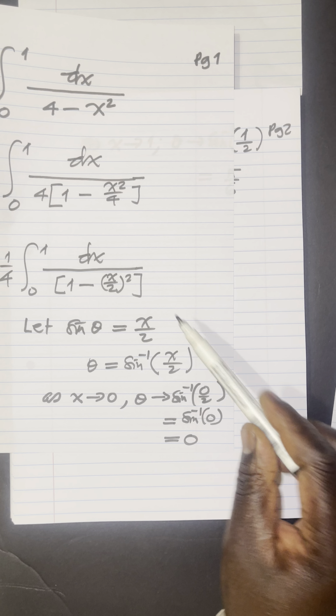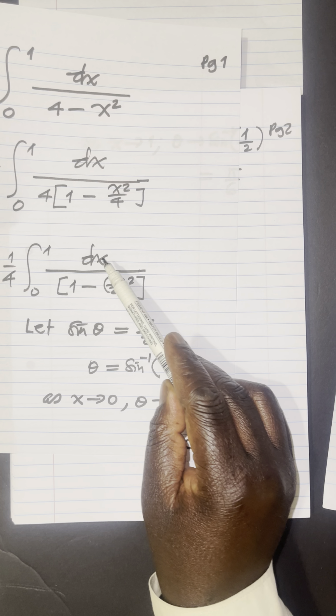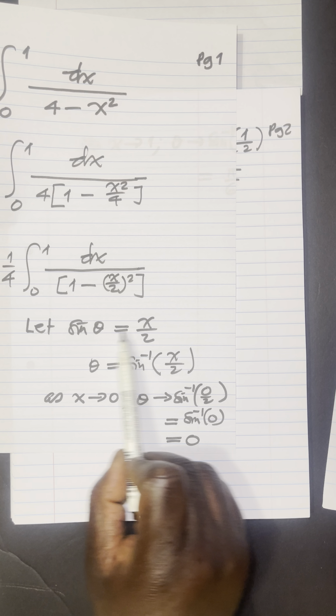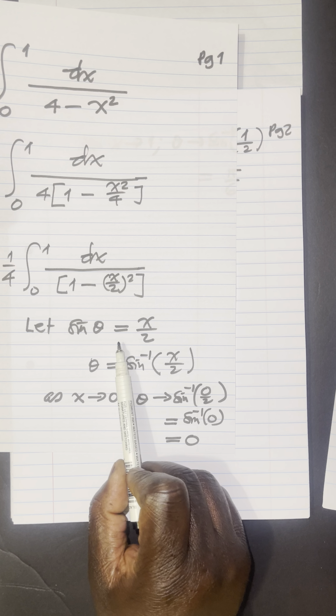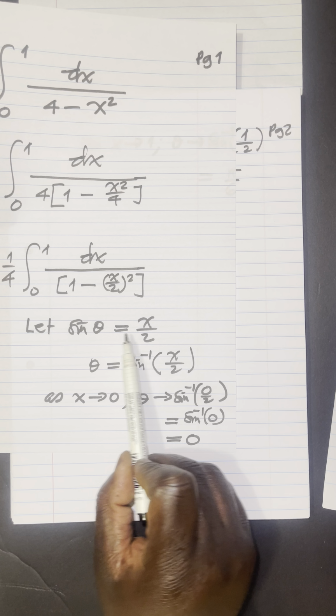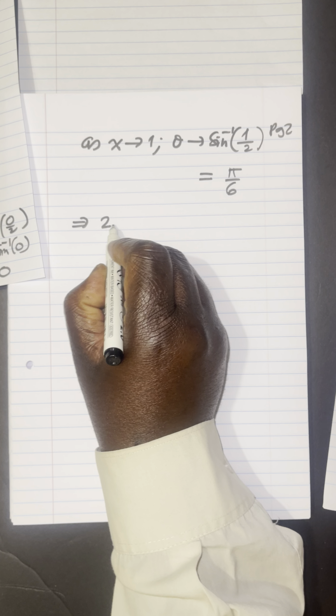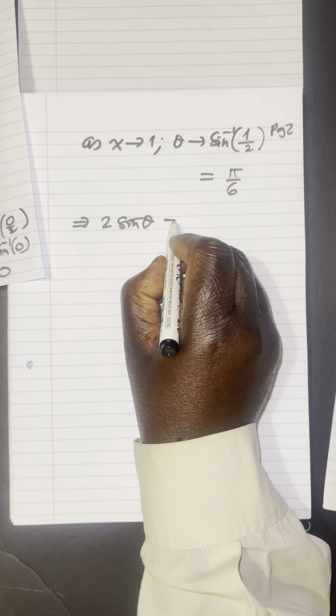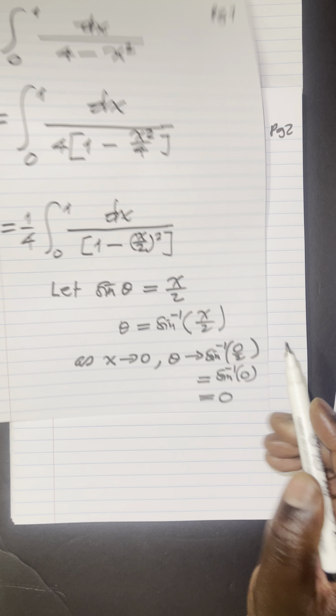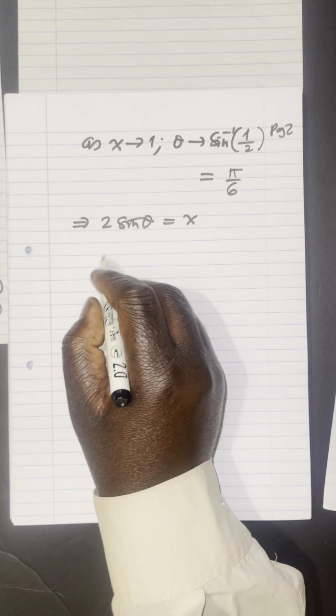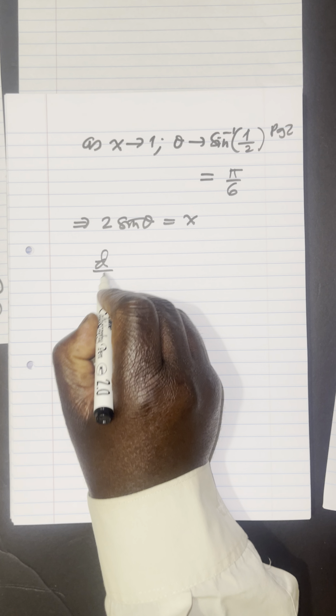What we need to do now is to work out the expression for dx. That requires us to differentiate both sides of this equation here. I'll first multiply by 2 and then differentiate. So basically we're saying 2 sine of theta is equal to x. Here you can see multiply by 2 both sides, and then we differentiate with respect to x.